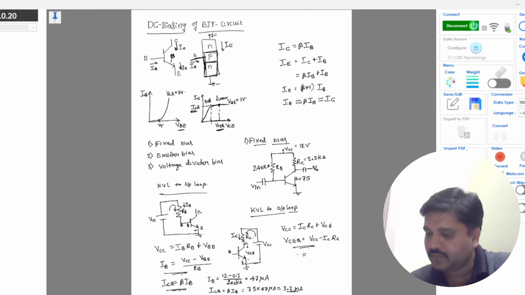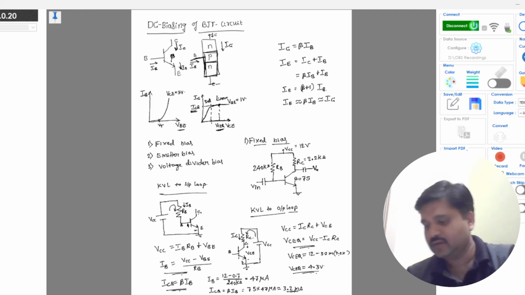Okay, and similarly your VCEQ will be 12 minus 3.2 milli into 2.2 K. So VCEQ will be around 4.3 volts.